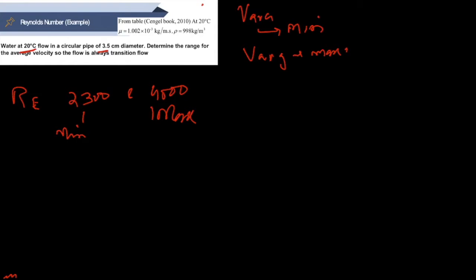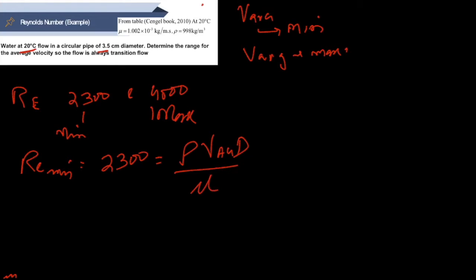So we need to use these values. Re minimum is equal to 2300, which is equal to rho V average into D over mu. Since the temperature is 20 degrees centigrade, the density which we found in the previous numerical is the same, and so is the viscosity.